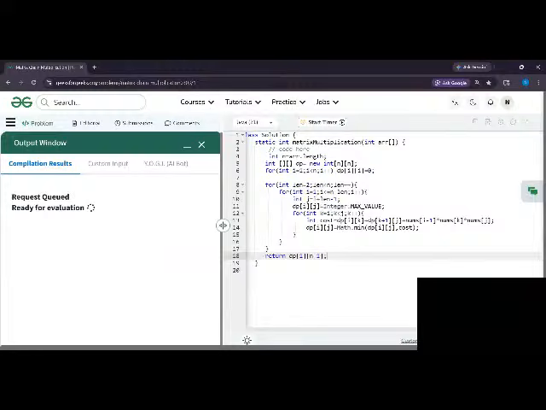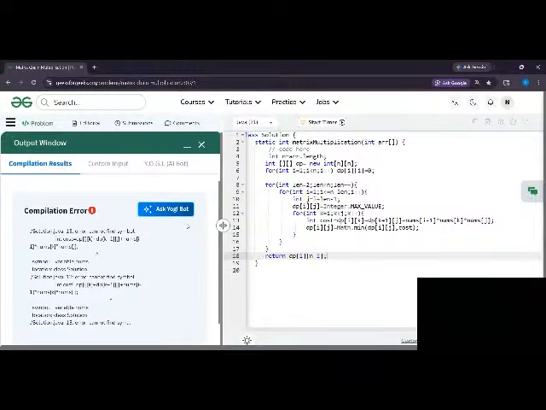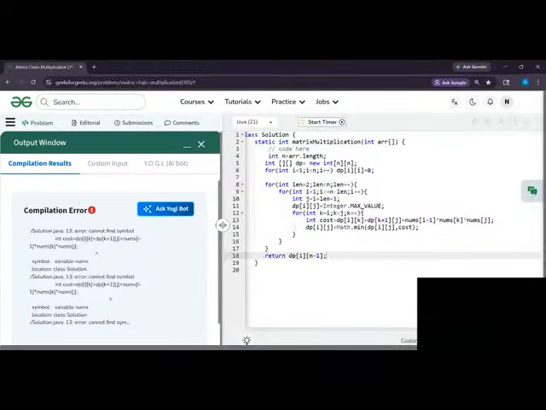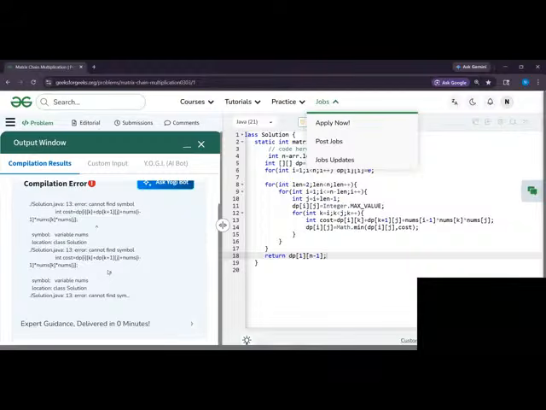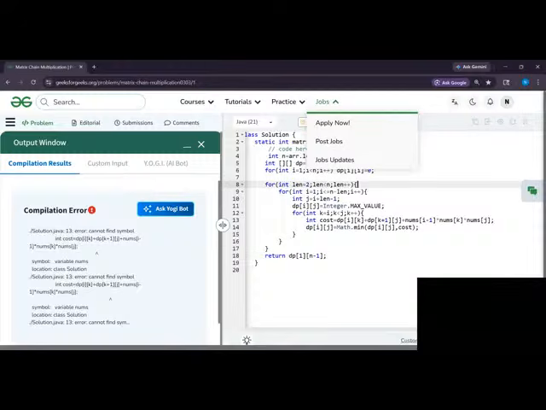Try to compile it and see. Yeah, there are a few cannot find symbol errors. Just a minute, guys.